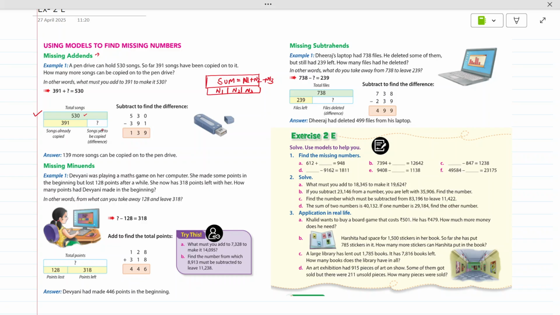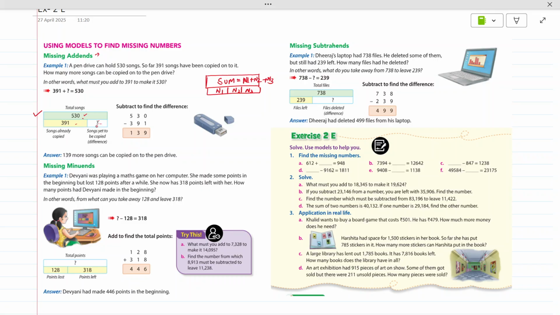We know that 391 plus this number will give us 530. If I have to find this number, we have to subtract 391 from 530 and we will get this number.